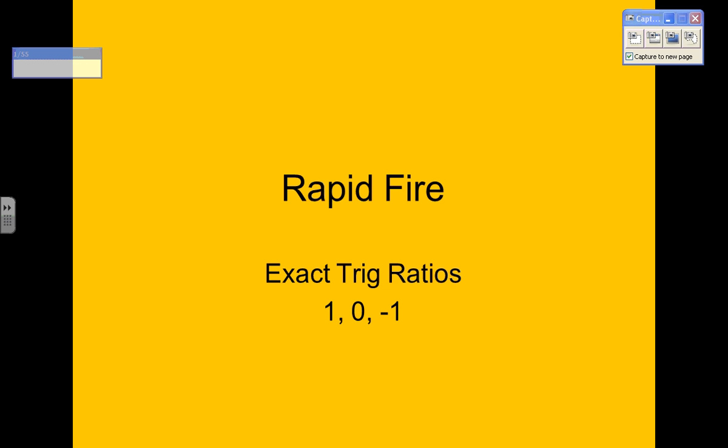All right. Now, these are all exact values, as you've seen, like sine of pi, cosine of pi, sine of pi over 2, cosine of 3 pi over 2: 1, 0, and negative 1. So I'll just write down 1, 0, negative 1.